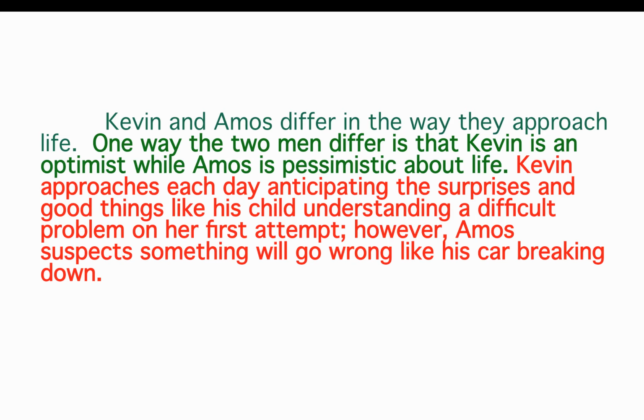Okay, in this comparison we have an explanation, and we also have our specific support or example, like his child understanding a difficult problem on her first attempt, and like his car breaking down. So these are the examples supporting our explanations.